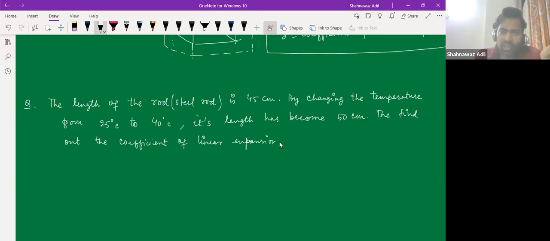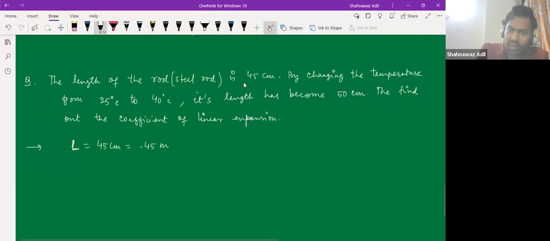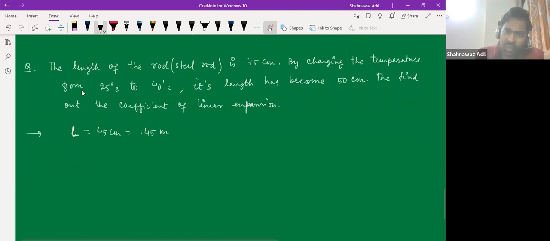So what are the things which are given? We are given the original length L, right? This is 45 centimeter, which is 0.45 meters, right? And then we have the initial temperature, which is, let's say, 25 degrees, right?